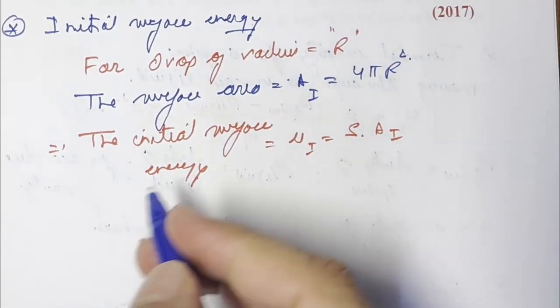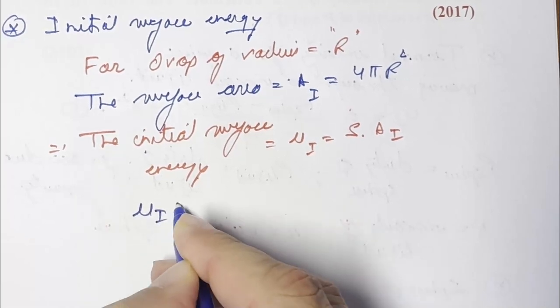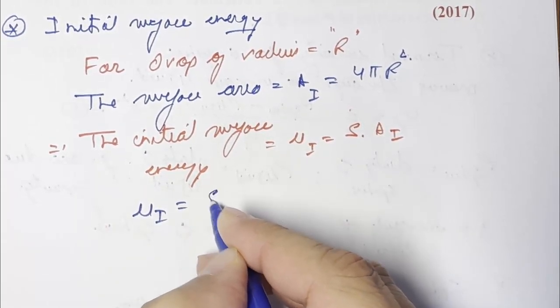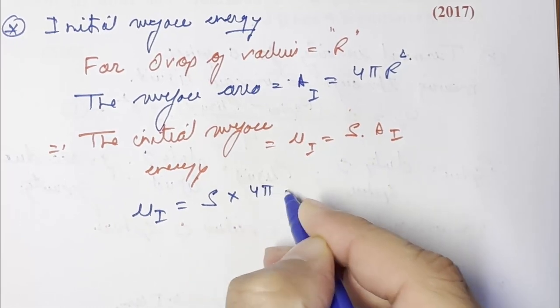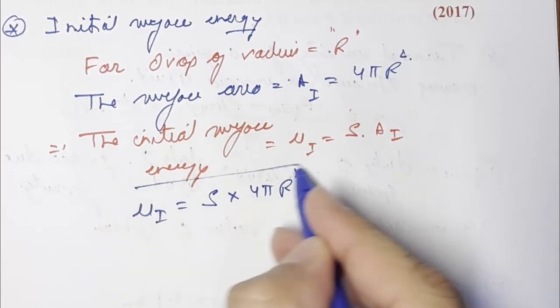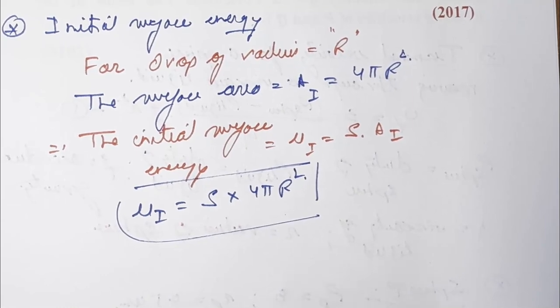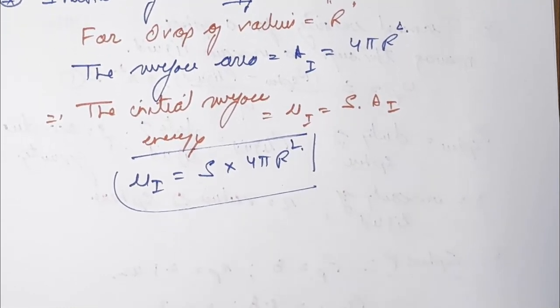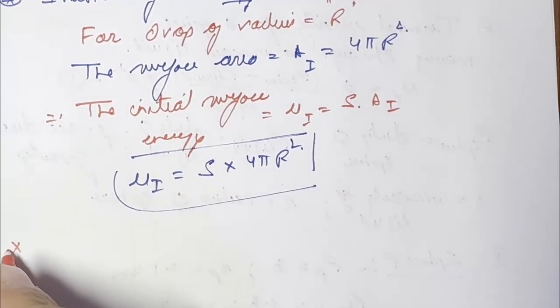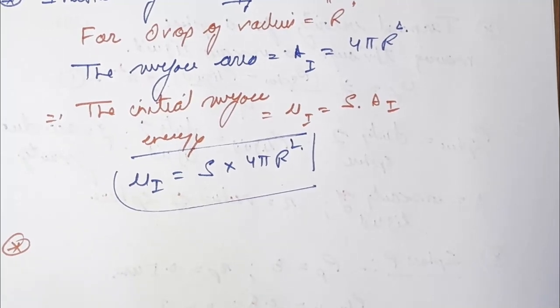So we can write that the initial energy is equal to S multiplied by 4 pi R square. So this is the initial surface energy when the liquid drop is whole. It is not being divided into identical drops. Now let's find out the final surface energy when it is divided into smaller drops.